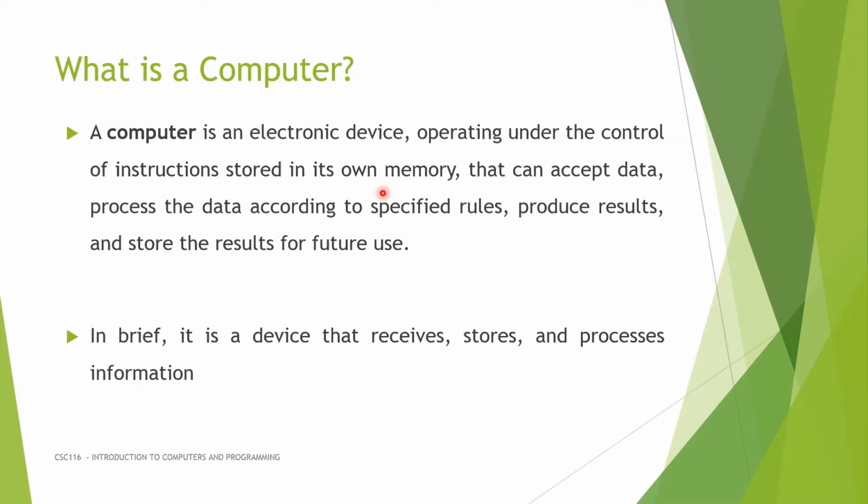Because for example, a washing machine is a computer. Why? Because it has electronic devices, and the washing machine operates under the control of instructions. What does it mean about the control of instructions? As you can see, the washing machine is programmed to know when to dry, when to throw out all the water and so on.